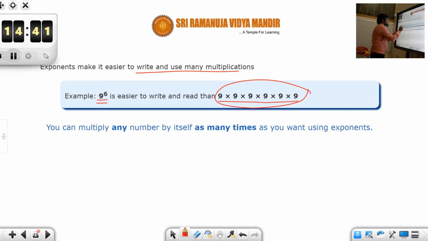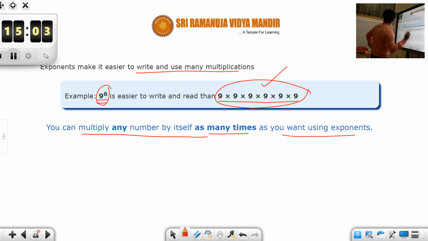But if you look at this, it is a very short and compact notation: 9 raised to the power 6. So this is how exponents help us. 9 raised to the power 6 means 9 multiplied with itself 6 times. So you can multiply any number by itself as many times as you want using exponents.